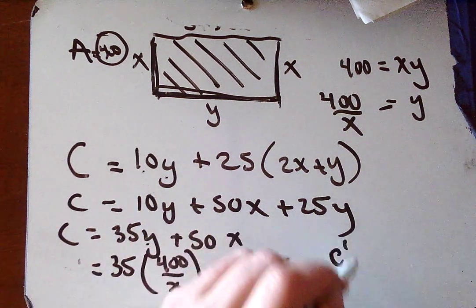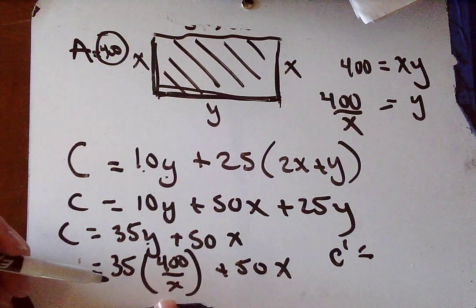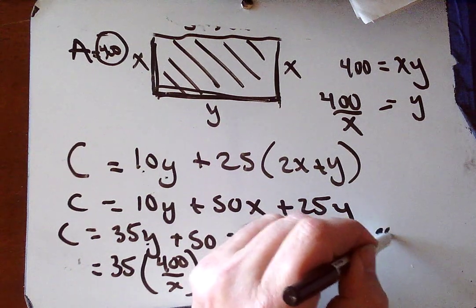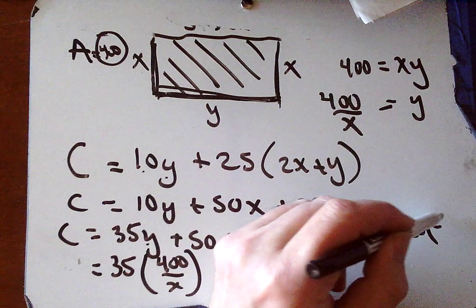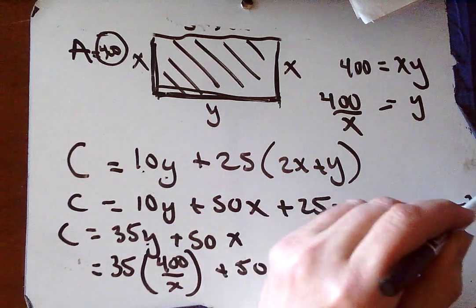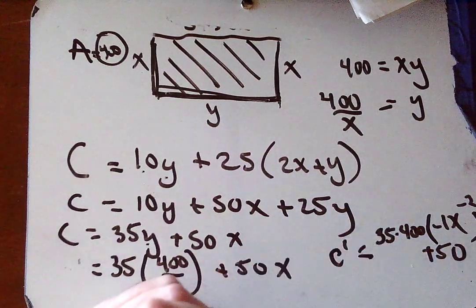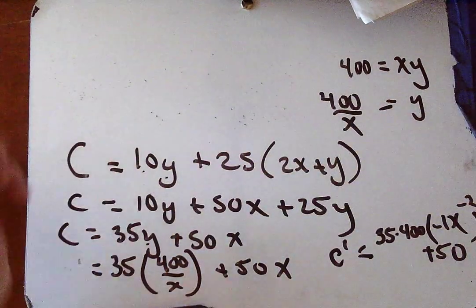And I want to know c prime. So this is 400x to the minus 1 times 35. I'm going to have 35 times 400 times negative 1 x to the minus 2 plus 50. Okay. Now, we want to find when cost is minimized.